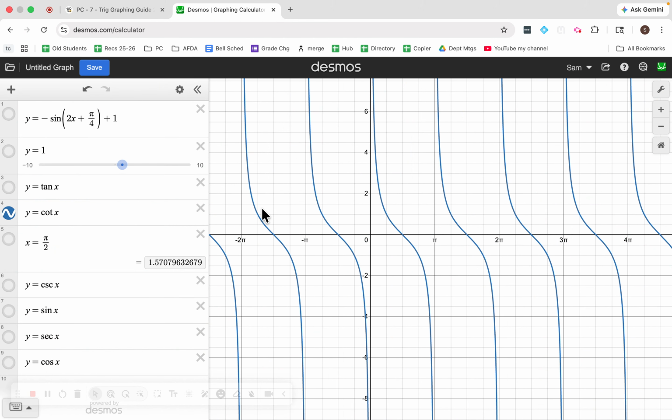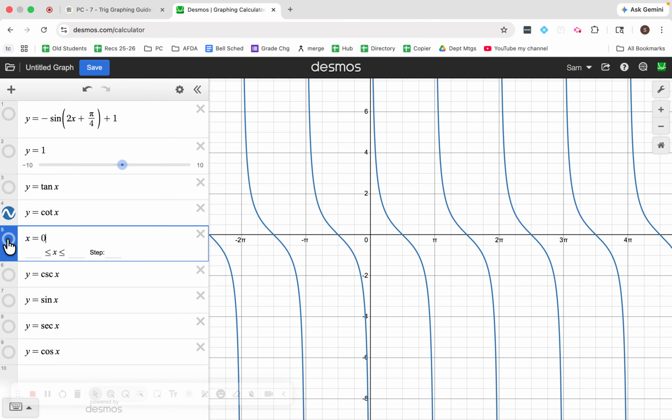Cotan looks like this. You've got to really pay attention to the shape and kind of memorize the shape. It's similar, but you notice the slope goes down. And the asymptotes don't fall in the same place. The first asymptote is at x equals 0, because that's the beginning of the period, as you tabled out. And the end of the period is pi.